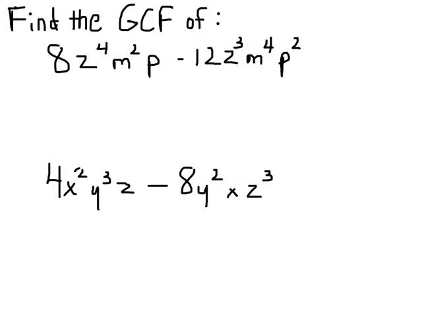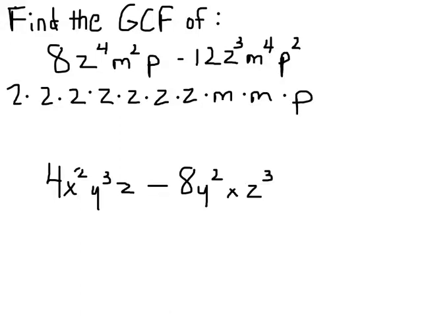So this says find the greatest common factor. 8 would be 2, 2, 2, 4 z's, 2 m's, and a p.